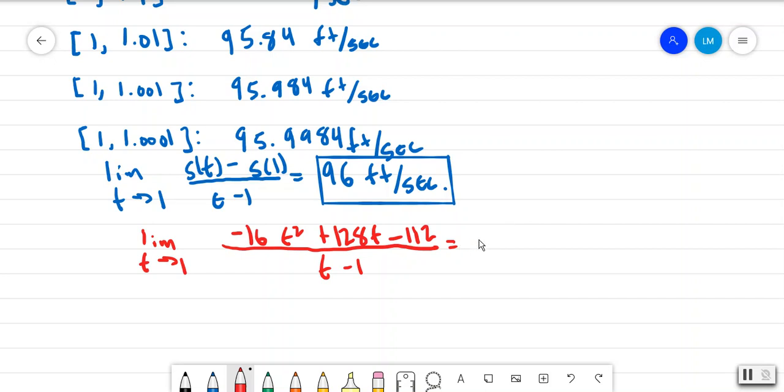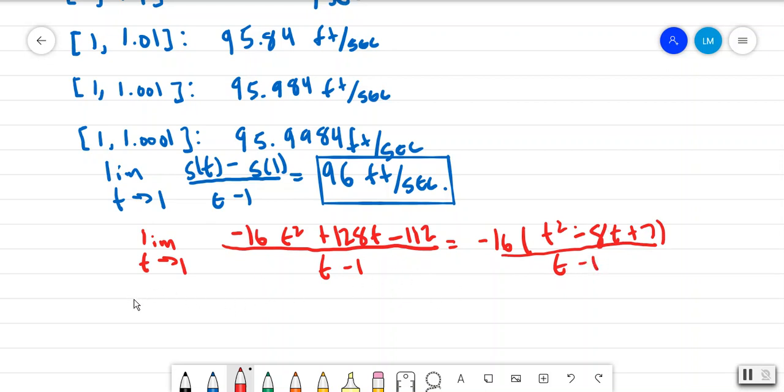So this means that I can factor this by taking out the negative 16, so I have negative 16 multiplied by t squared minus 8t plus 7, and then this is divided by t minus 1.